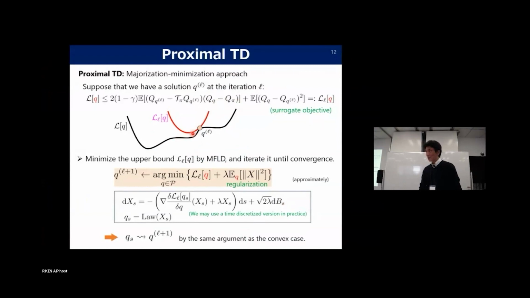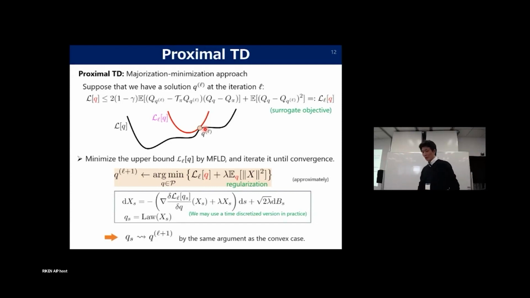Yeah. So maybe the objective is not completely convex, but you can have a quadratic function. So this is a kind of gradient descent. We cannot compute the exact gradient, so it's very difficult. But as a proxy, we calculate an upper bound, which is easy to calculate.